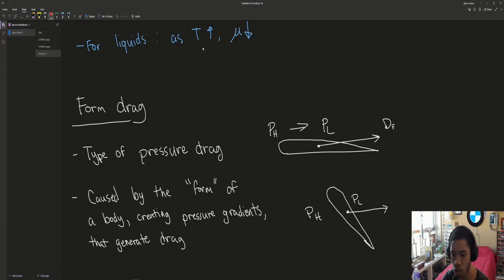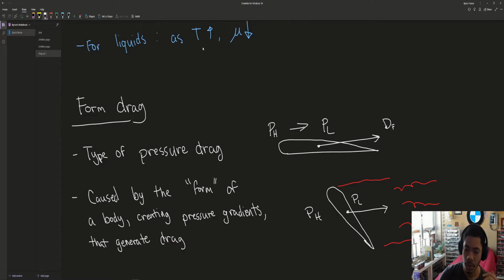Additionally, you most likely have a huge amount of separation, and behind here we just have turbulent airflow.